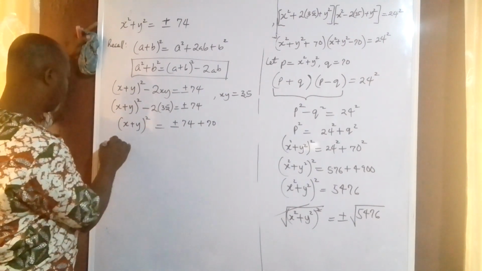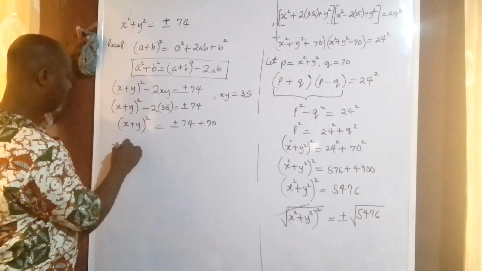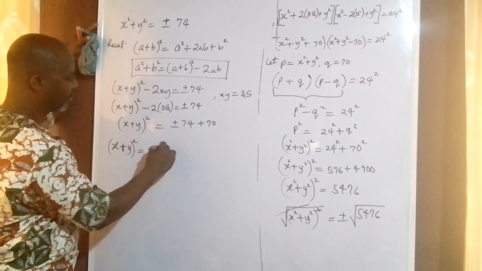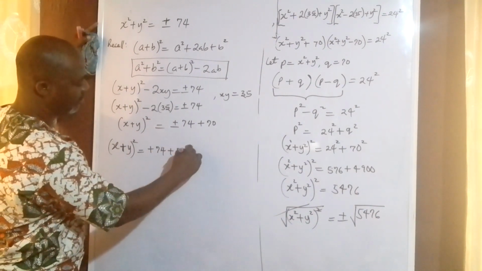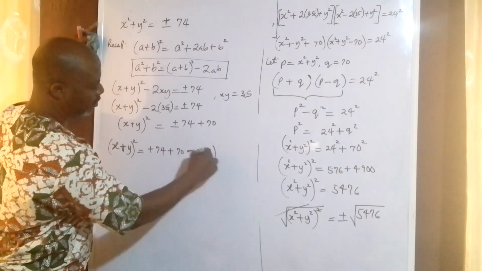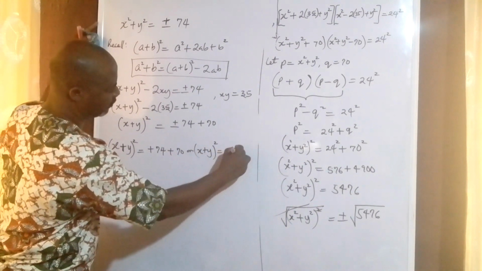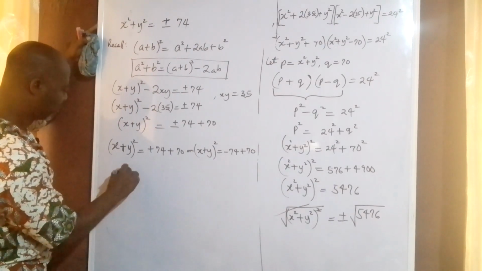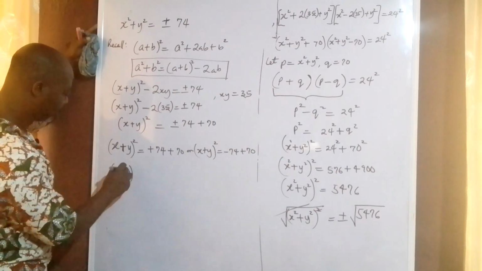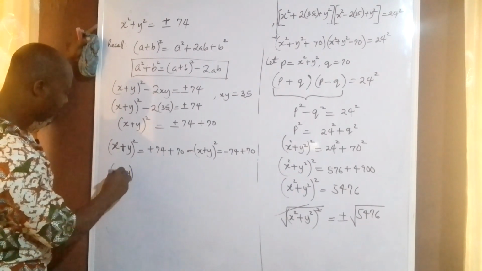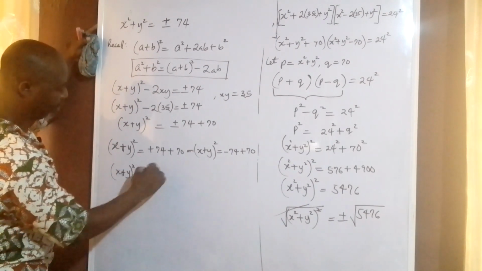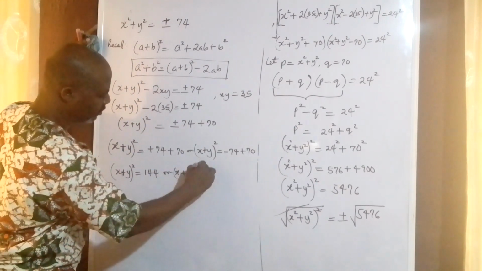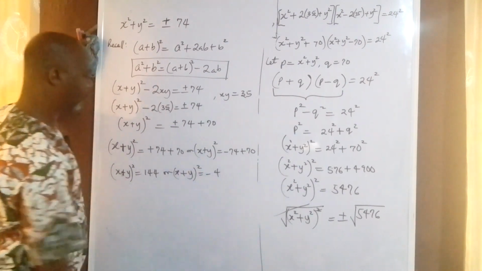First, x plus y all squared equal to plus 74 plus 70, or x plus y all squared equal to minus 74 plus 70. So this will give me x plus y all squared equal to 144, or x plus y all squared equal to minus 4.